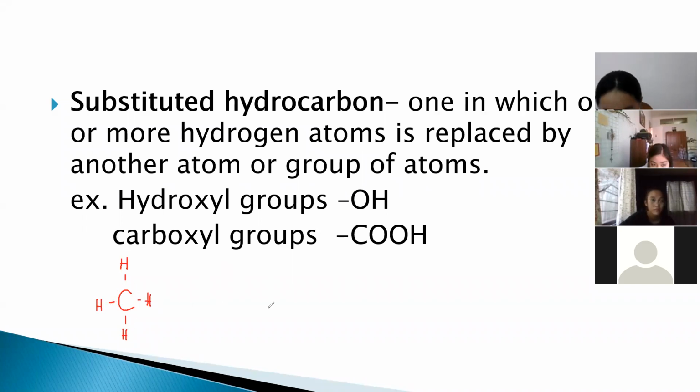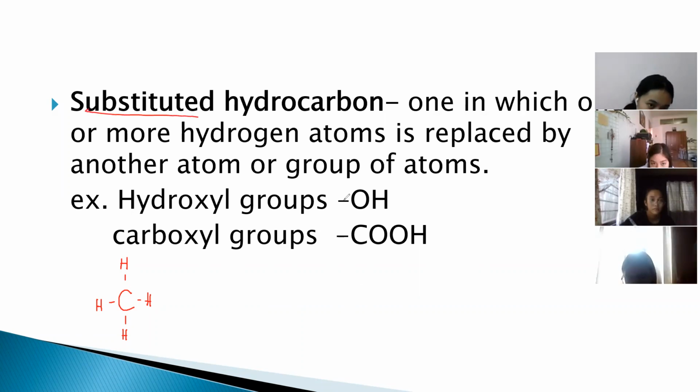Pero if one or more hydrogen atoms is being replaced by another atom or group of atoms, we now call it substituted hydrocarbon. So let me give you an example. We have here hydrogen, hydrogen, hydrogen. And this 4th hydrogen here is being substituted with another atom or group of atoms, for example, OH.